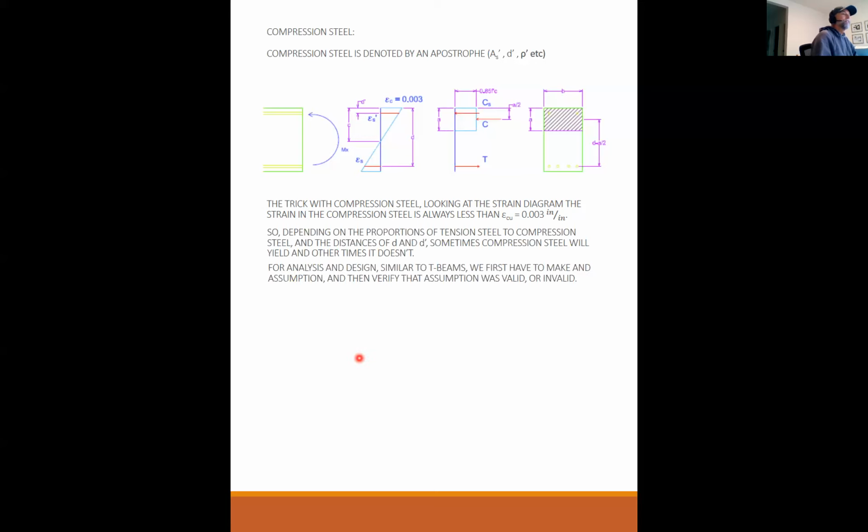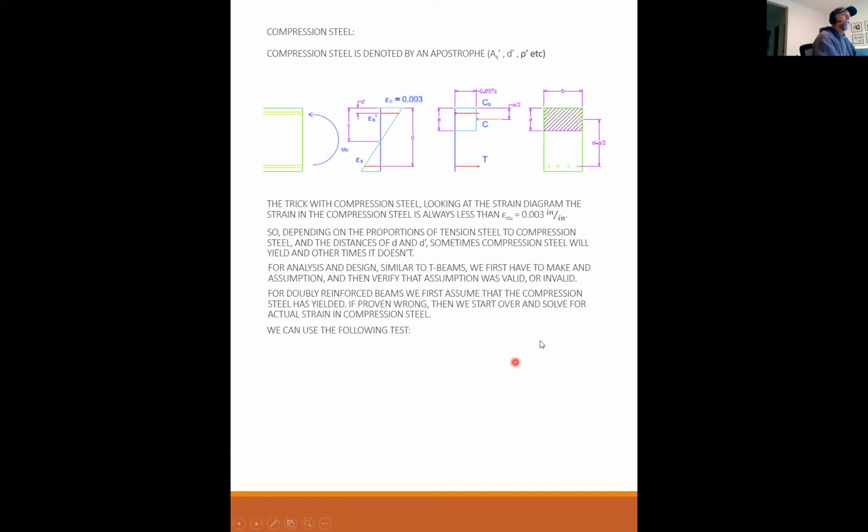For analysis and design, similar to T-beams, we first have to make an assumption and then verify that assumption was either valid or invalid. For doubly reinforced beams, we first assume that the compression steel has yielded. If proven wrong, then we start over and solve for the actual strain in the compression steel.